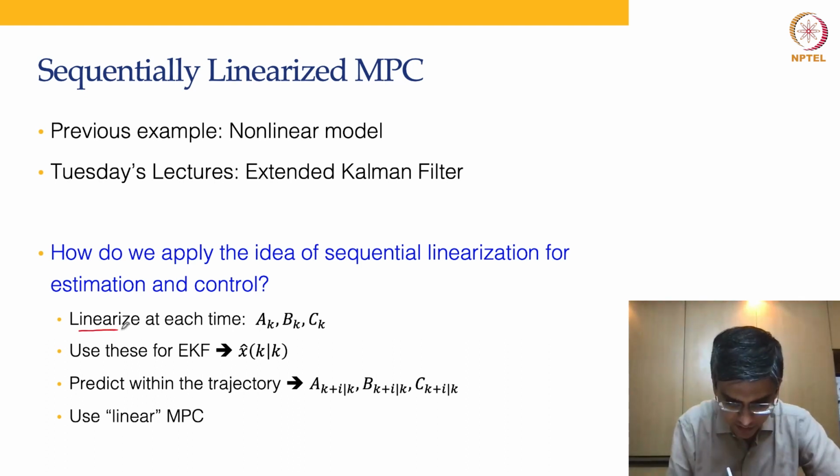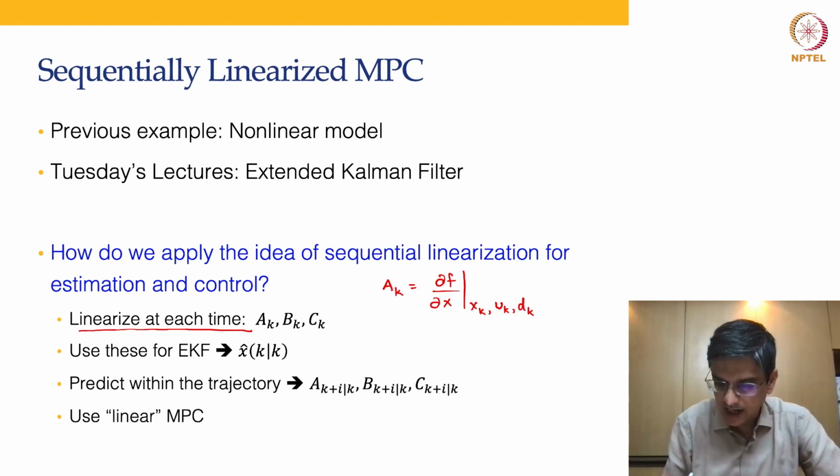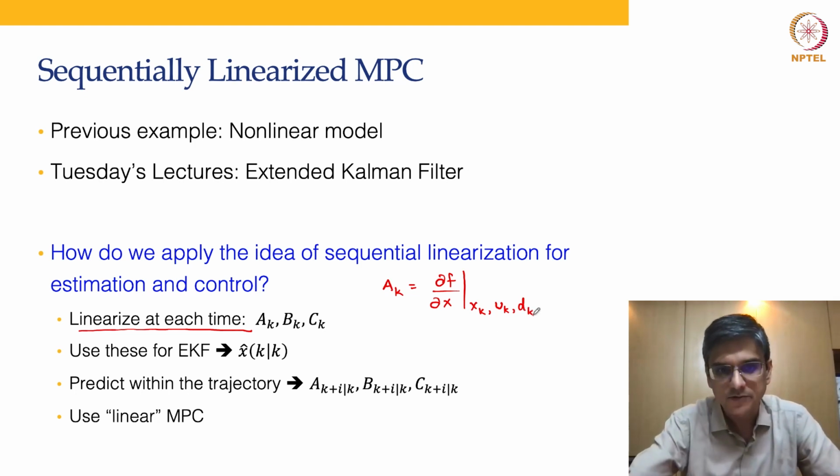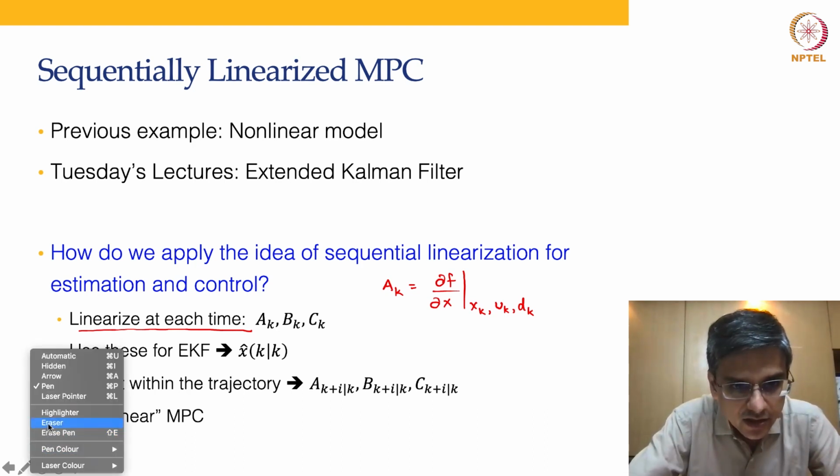At each time you linearize the model, which basically, as I had said a few lectures earlier, for example, A_k is computed at x_k, u_k, d_k. As a matter of fact, we should make it a little bit more specific.